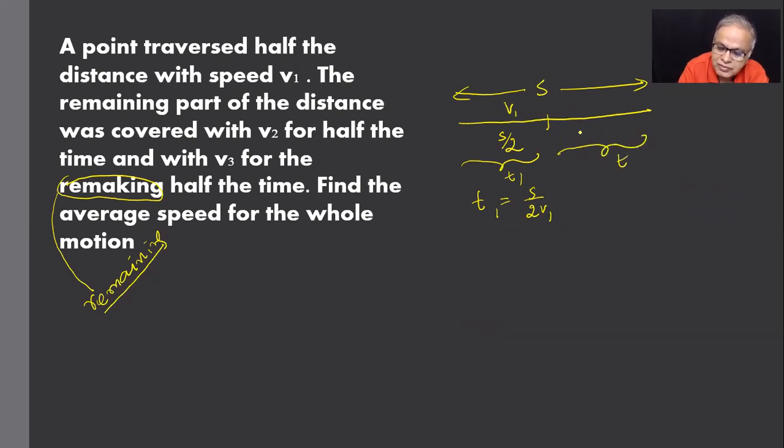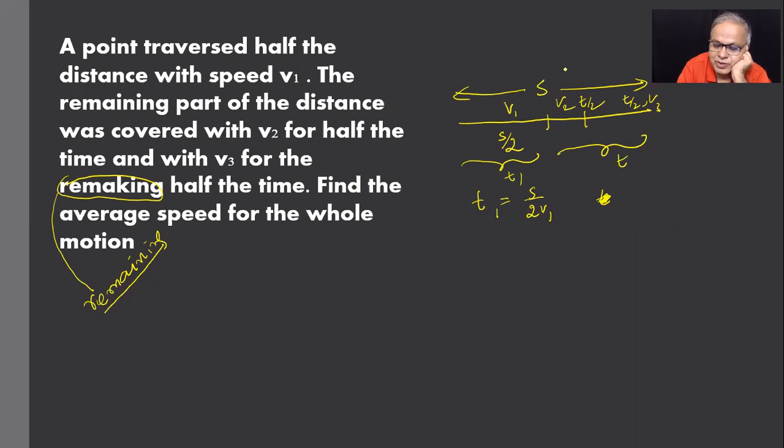In this, for t by 2 you covered with v2. The other t by 2 you covered with v3. Do you follow my point? So t2 will be, now how should I write? I wanted t1 plus t2 actually. t1 I already said. This is t by 2, t by 2. So I wanted this time t basically.